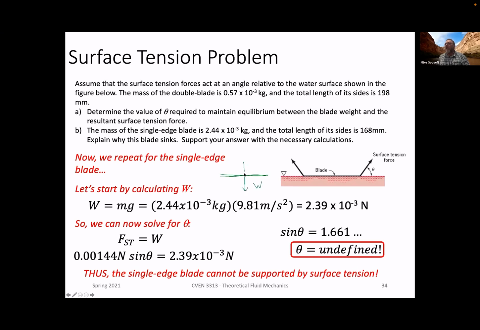And then all of that surface tension working around the edge of the blade is really FST, and then to be more careful, we should say times the sine of theta. And by the way, I'm writing with my mouse, which is incredibly dangerous. So the fact that it has come out that clear, I'm pretty proud of. But in any event, all the arrows around the edge are still summing up to a single force acting in the vertical direction. Does that make sense?